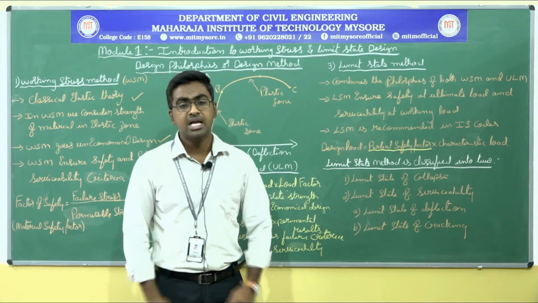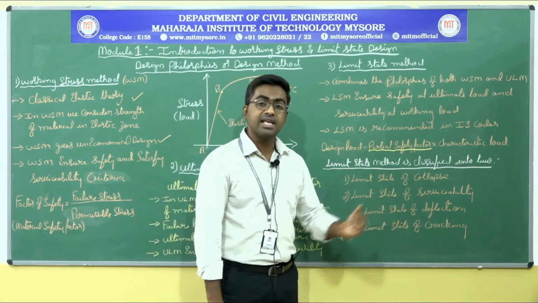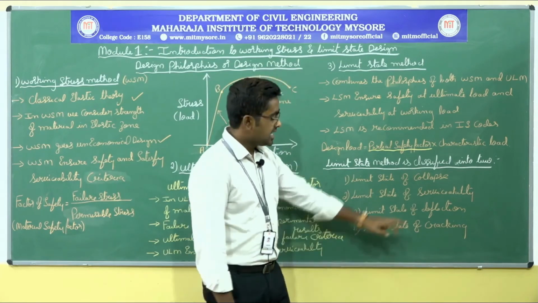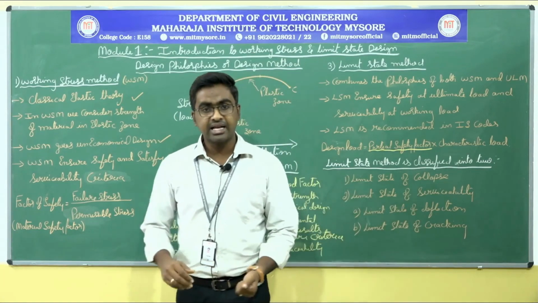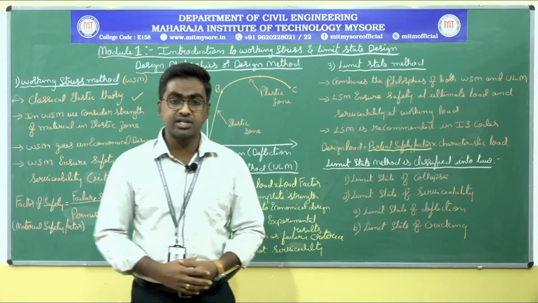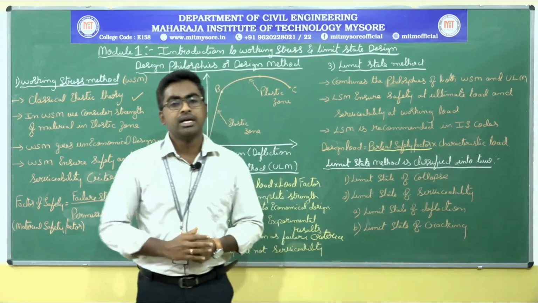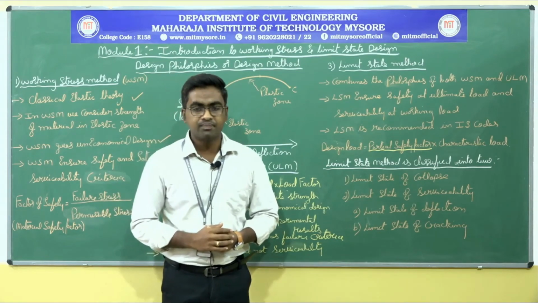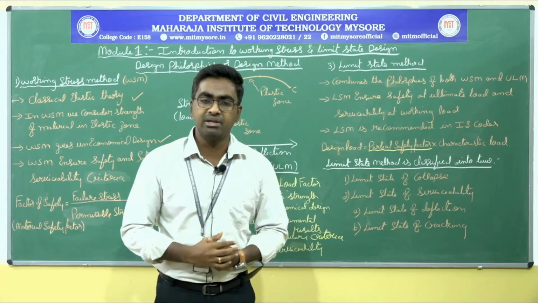Therefore, overall we can say the limit state method is the best method to design any RC structural component. What will happen if there is excessive deflection or excessive cracking? If there is excessive deflection and cracking in any RC structural component, obviously it is going to lose its load carrying capacity, right? The effectiveness of that particular RC component will be reduced.